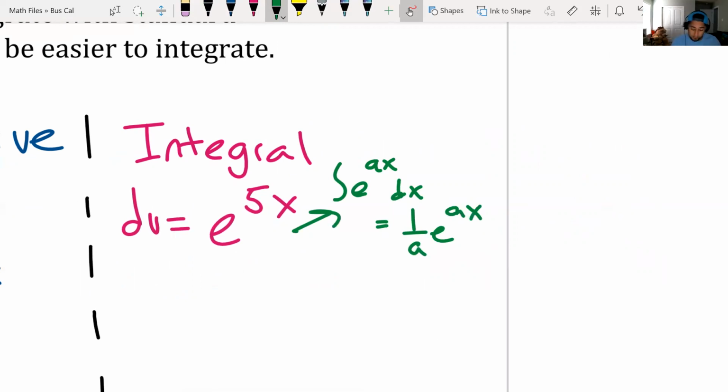We've seen this before. So since we're taking the integral, the antiderivative, v will be 1 over 5 e to the 5x.